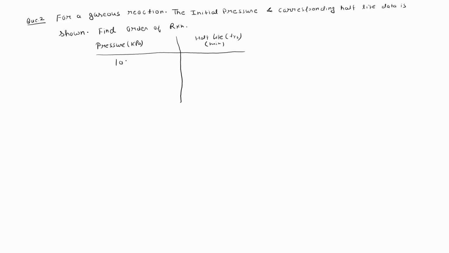Data is 100 kilopascal pressure, T half is 105 minutes. 66.66 kilopascal is 235 minutes, and 33.33 is 950 minutes. Okay, so this data is given and the options are the same, 0, 1, 2, 3. So the solution. Now try it on your own.